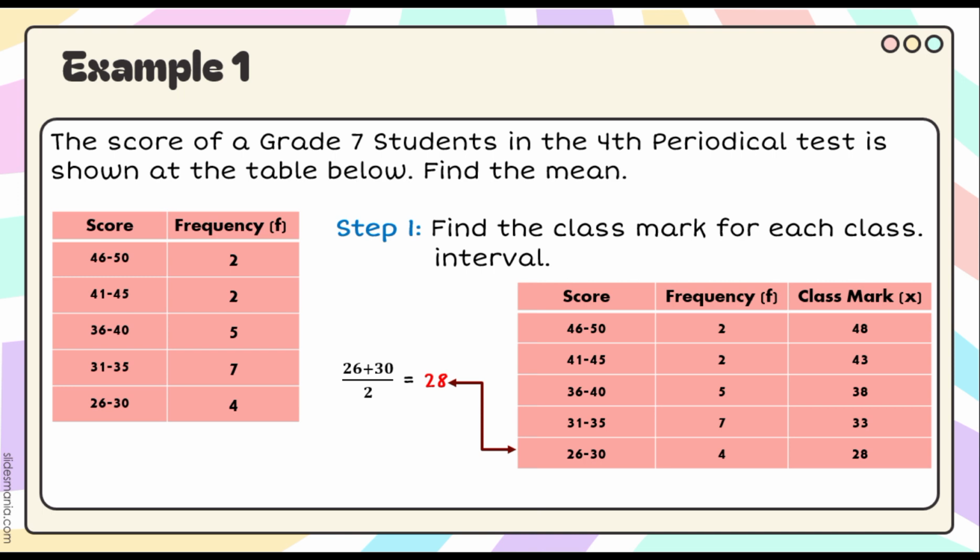Next, 31 plus 35 divided by 2, we have 33. 36 plus 40 divided by 2, we have 38. 41 plus 45 divided by 2, we have 43. And 46 plus 50 divided by 2, we have 48. That is how to solve for the class mark of this table.